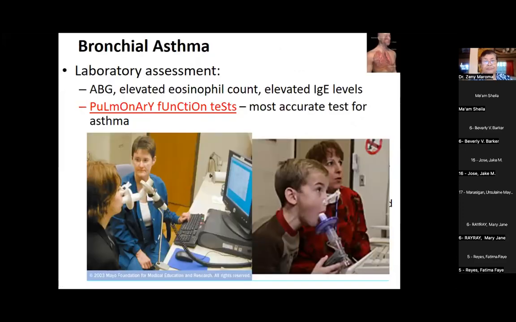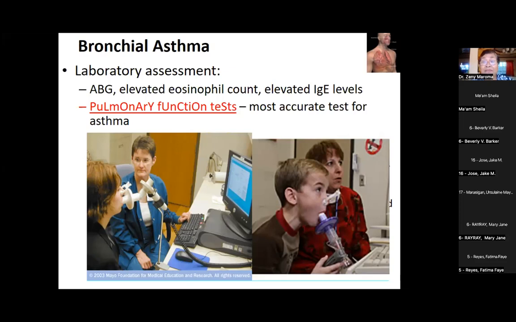Okay? So what are the laboratory assessments? ABG, arterial blood gas; we will have one session for the lecture of Sir Nicolas on ABG interpretation. There is also an elevated eosinophil count and elevated IgE levels.